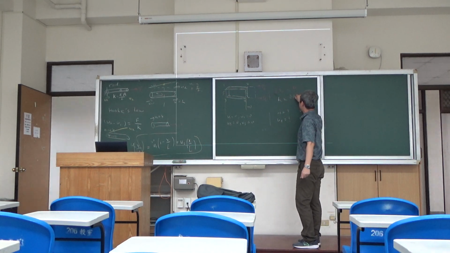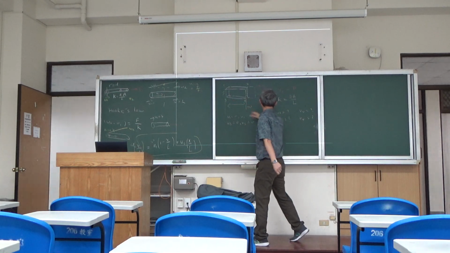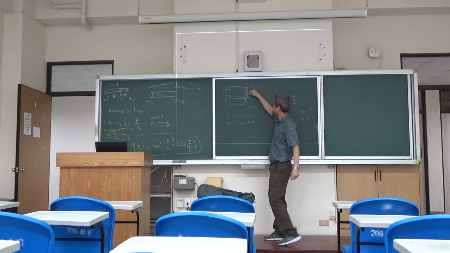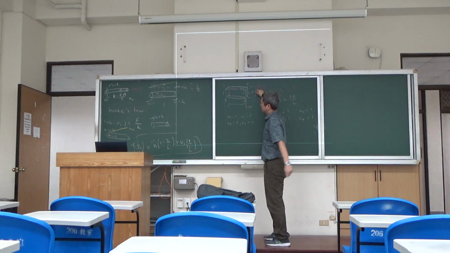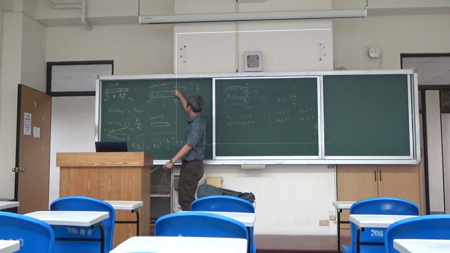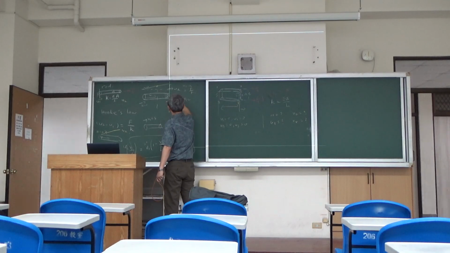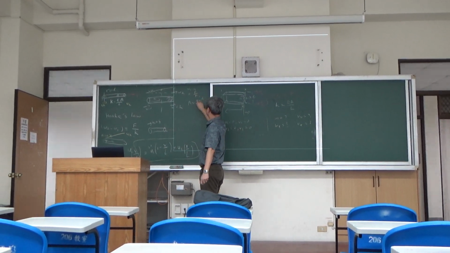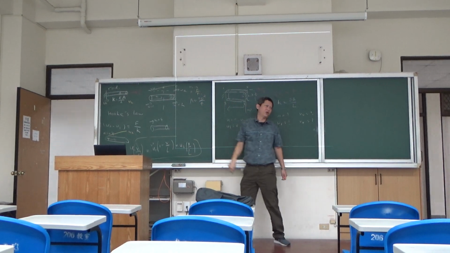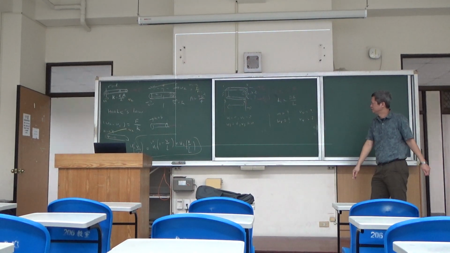It is EA over L. But in this case, my A could be your width times the thickness. For a rod, your A could be the diameter squared times pi over 4. So it is going to be the same.